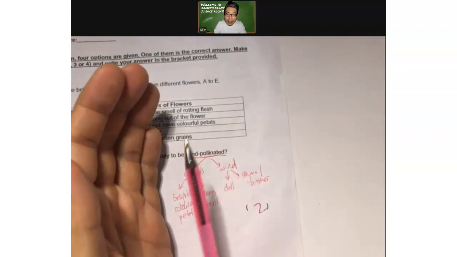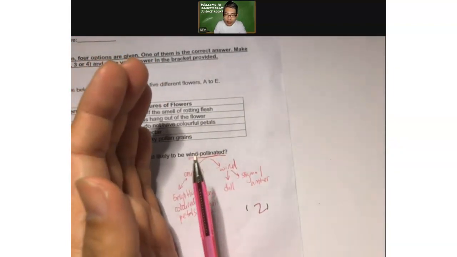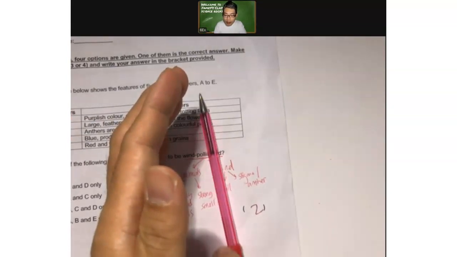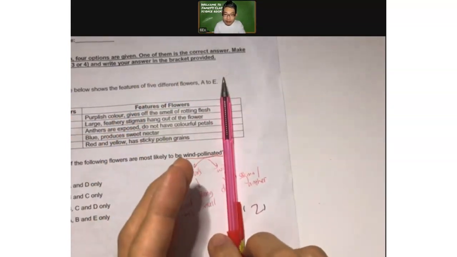So if this is the anther and these are petals, the anther will be inside the petals. If the wind were to blow against it, these will be those that are pollinated by insects, so the petals are blocking it. But if it's wind pollinated, the anther will be sticking out.